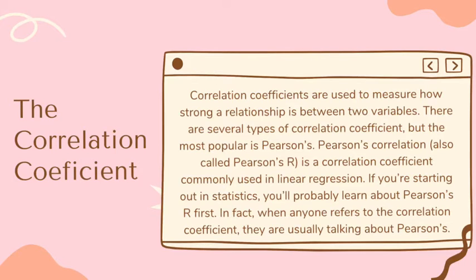Pearson's correlation, also called Pearson's R, is a correlation coefficient commonly used in linear regression. If you're starting out in statistics, you'll probably learn about Pearson's R first. In fact, when anyone refers to the correlation coefficient, they are usually talking about Pearson's.